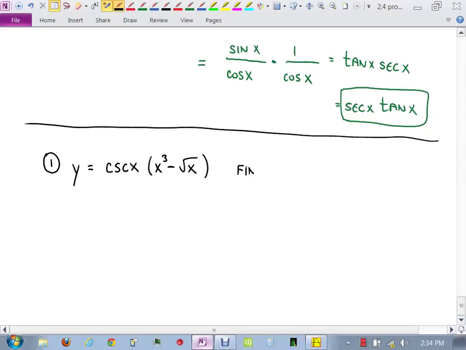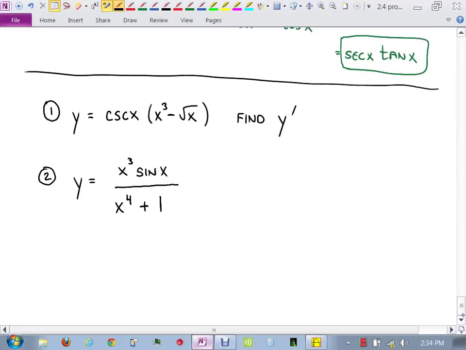Find y prime. Do not simplify. The second one, y is equal to x cubed sine x over x to the 4th plus 1. The second one is a little challenging, and we'll see if you can figure out why it's challenging. First one is just a product rule.